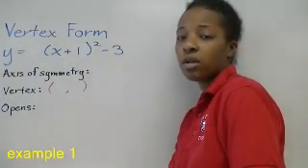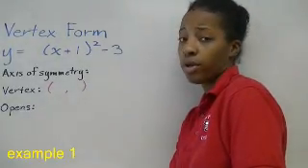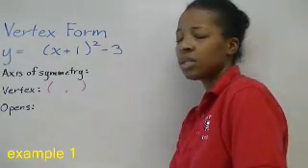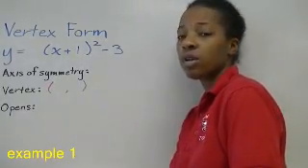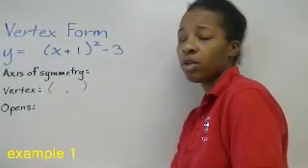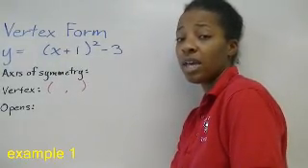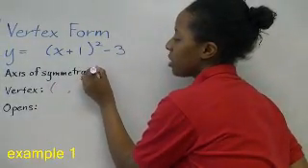Here's a vertex form quadratic function where y equals (x plus 1) squared minus 3. Let's see if we can gather the pieces of the characteristics of this parabola. First off, the axis of symmetry. Remember, it is the equation x equals the h number. I'm sure most of you are probably thinking, okay, this is easy.